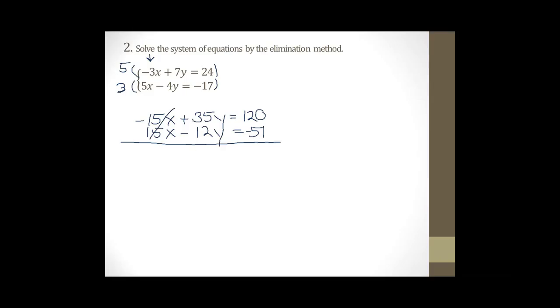And then we have 35 minus 12y, which gives me 23y, if I'm correct. And then we also have 120 minus 51, which is 69. Now the last step, to get y by itself, we would have to divide by 23 on both sides.